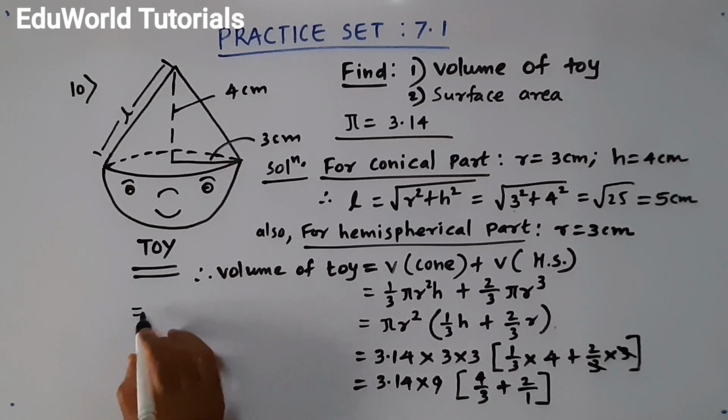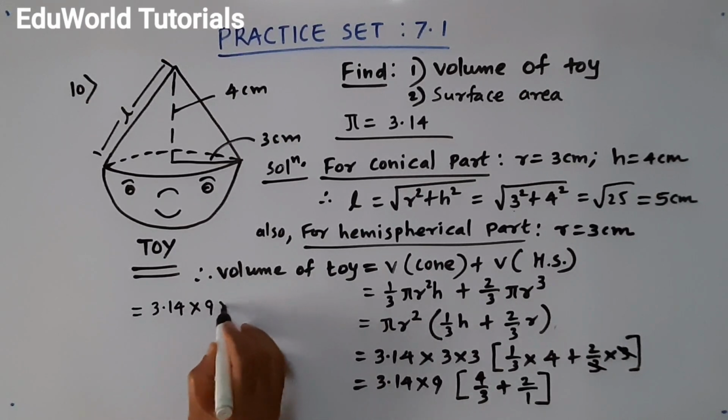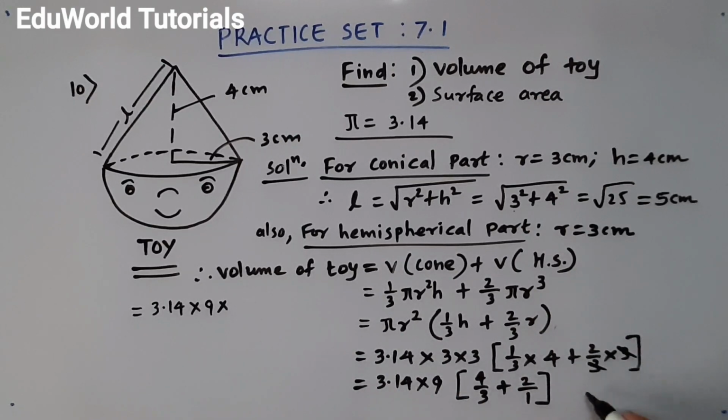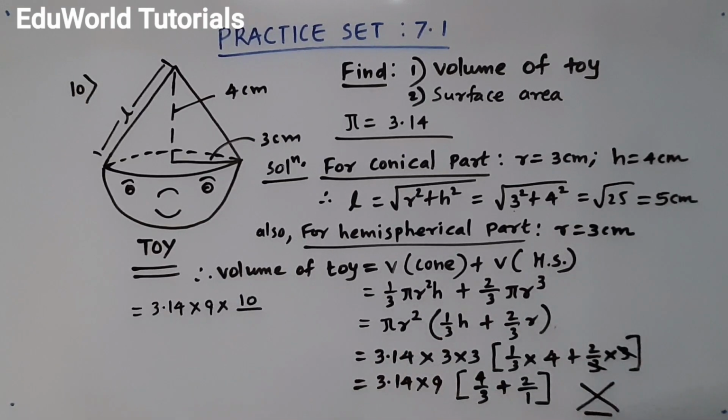So it is 3.14 into 9 into, you know how to do cross multiplication, this way and this way. 4 ones are 4, plus 3 twos are 6, 4 plus 6 is 10, 10 upon this cross multiplication, 3 ones are 3.